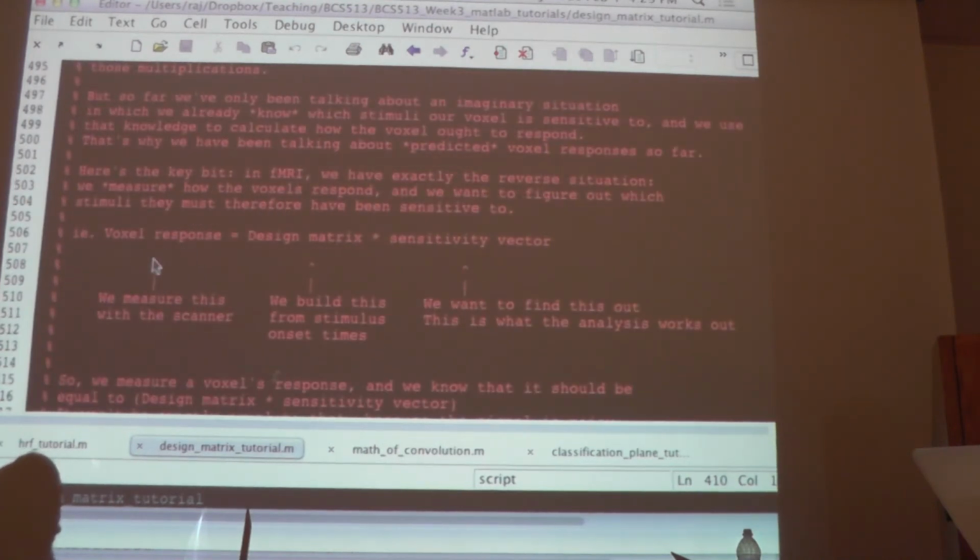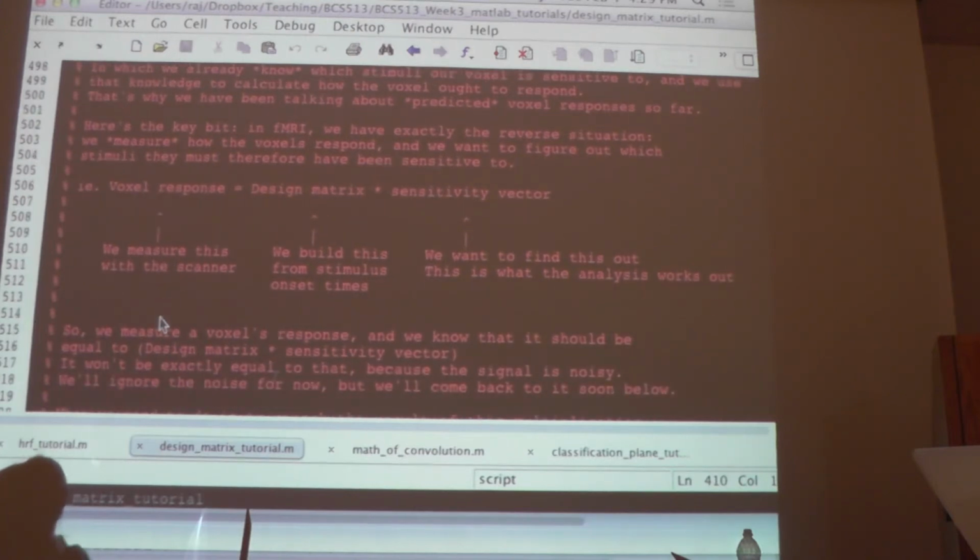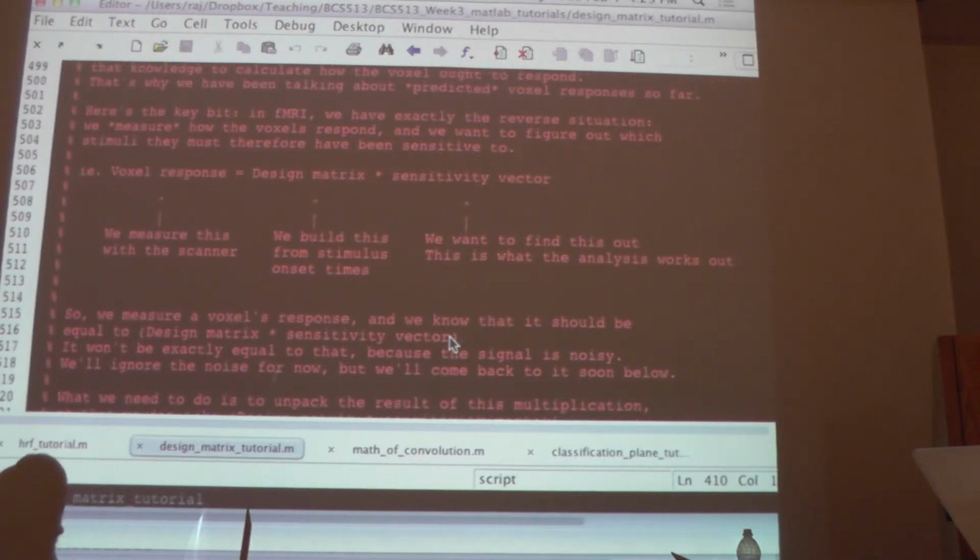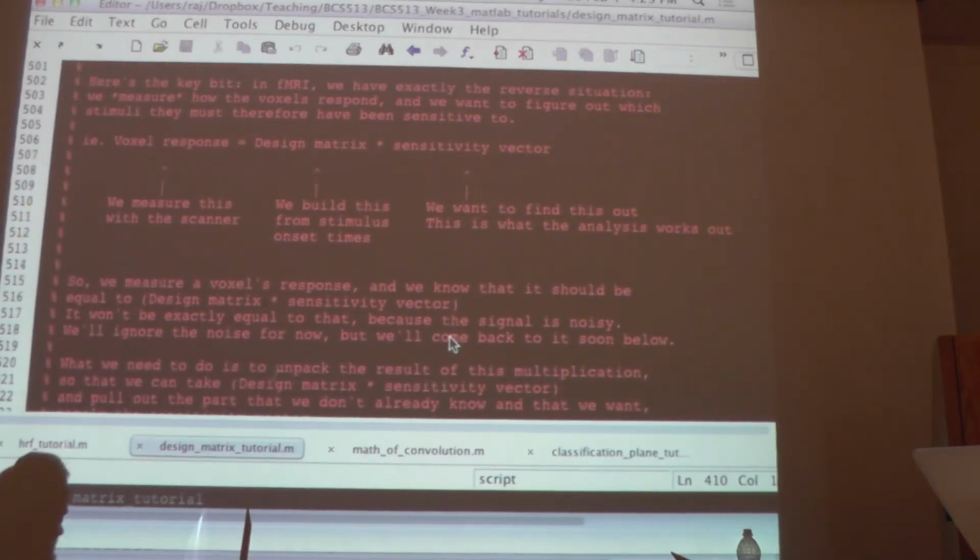Can you read this text from where you're sitting? Okay, good. So this thing here, the voxel response, is what we read with the scanner. This thing here we've built up from knowing what the stimulus onset times are, and this thing here is what we want to figure out. If you've studied any linear algebra, this is basically just undoing a multiplication.